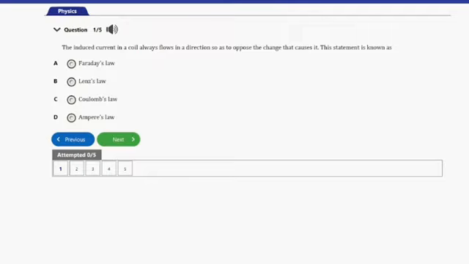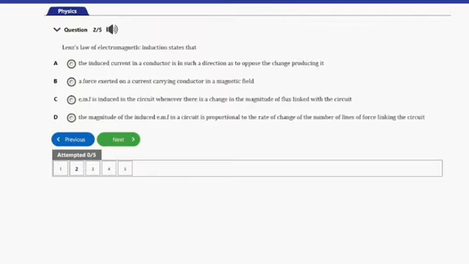Let's go ahead and consider the next question, guys. That's question number 2. It says, Lenz's law of electromagnetic induction states that A. The induced current in a conductor is in such a direction as to oppose the change producing it. B. A force exerted on a current carrying conductor in a magnetic field.